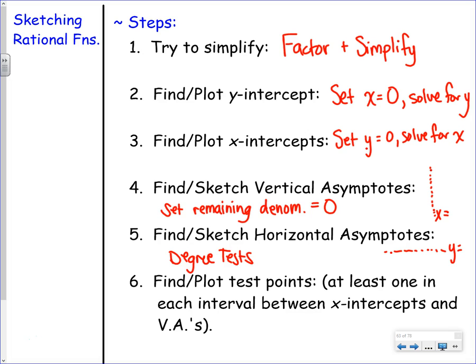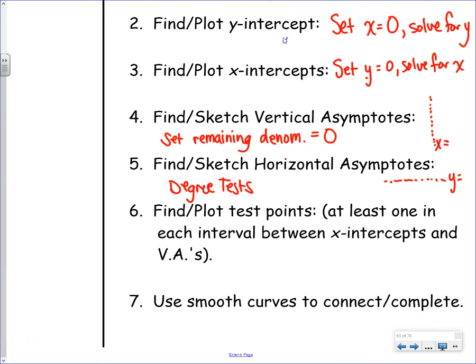Now, long story short on number 6 is, just like it was earlier this chapter with the polynomials, if you need more points, if you're not exactly sure, some of you after all of that will know how to connect with the smooth curves.